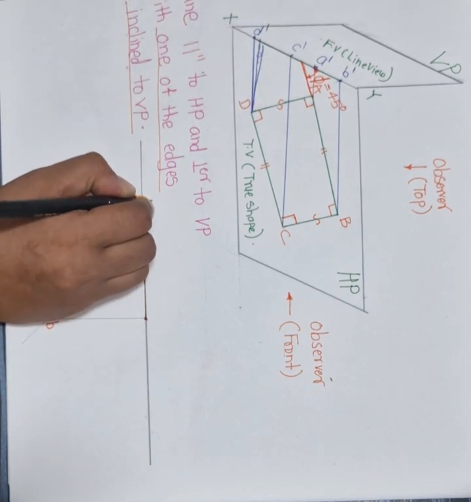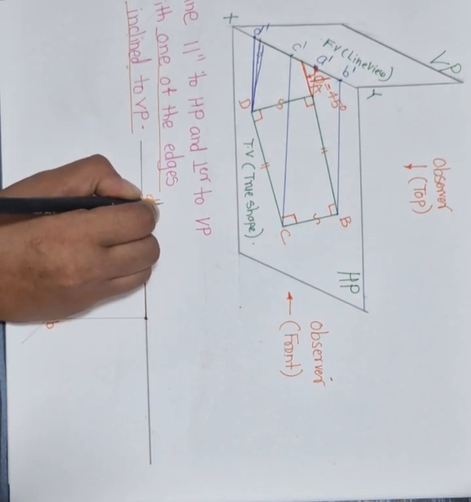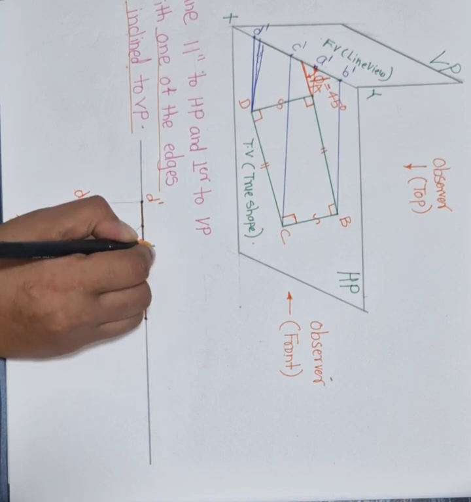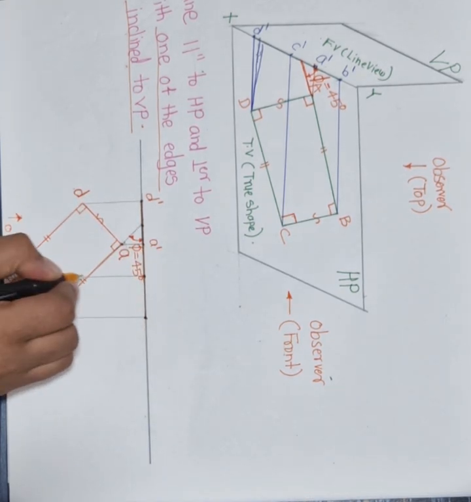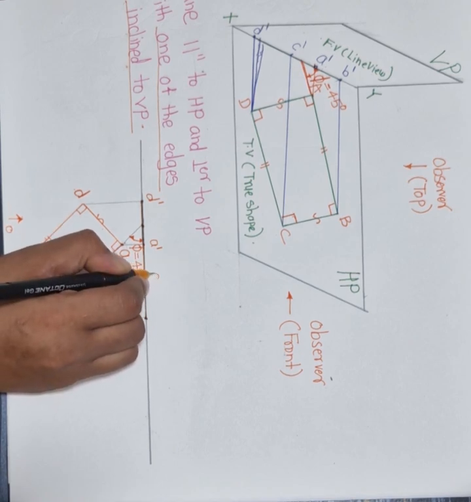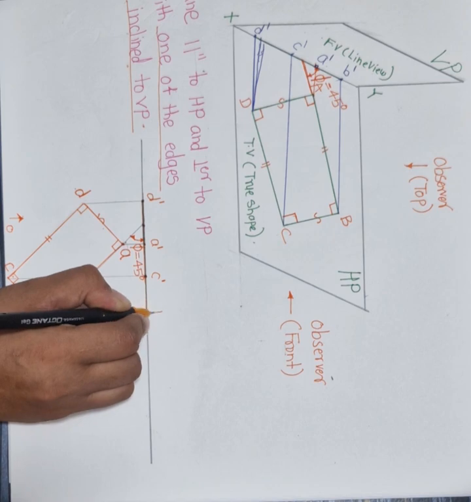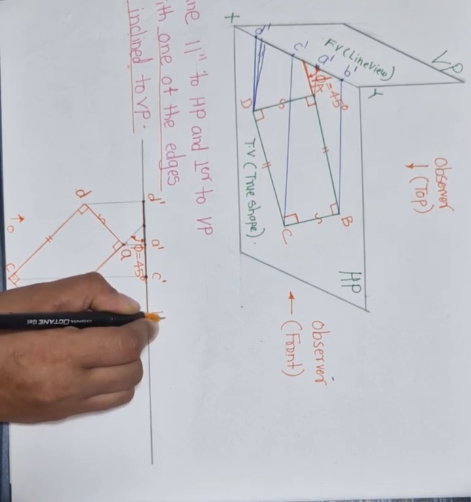Projection of D, D dash, projection of A, A dash, projection of C, C dash, projection of B, B dash.